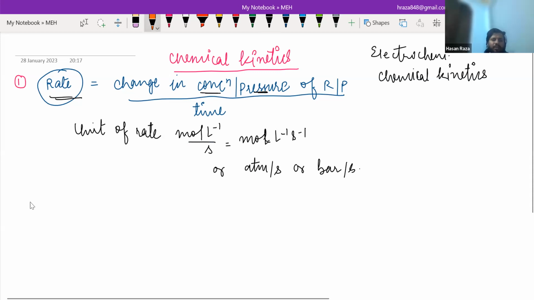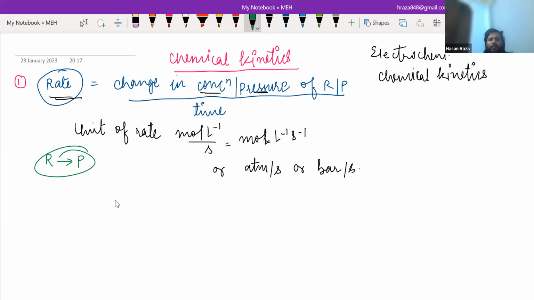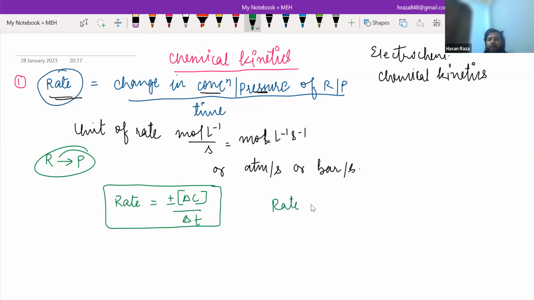After this, there is a term for reactant and product. So we write rate is equal to plus or minus delta C, that stands for the change in concentration of reactant or product, upon delta T, the time taken for the change. Now, an important point is that if you are doing it for a reactant, there will be a negative sign.